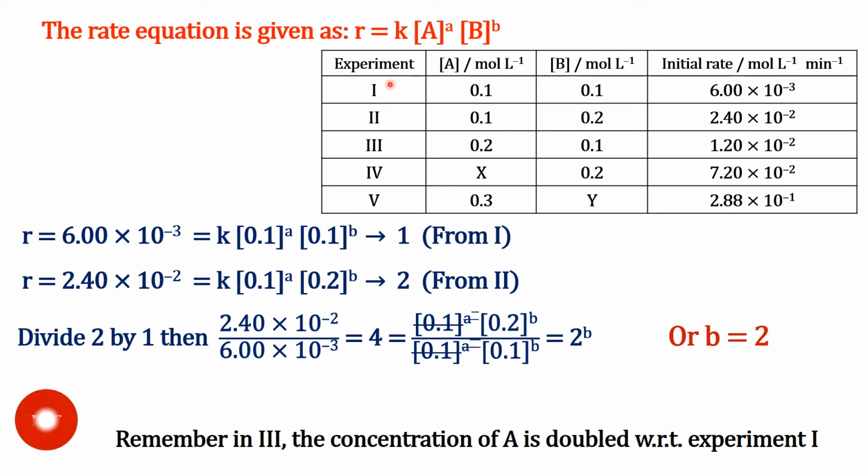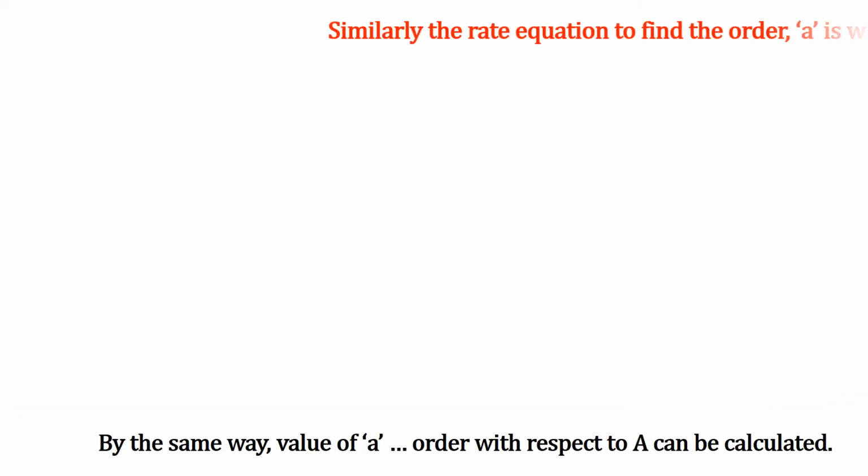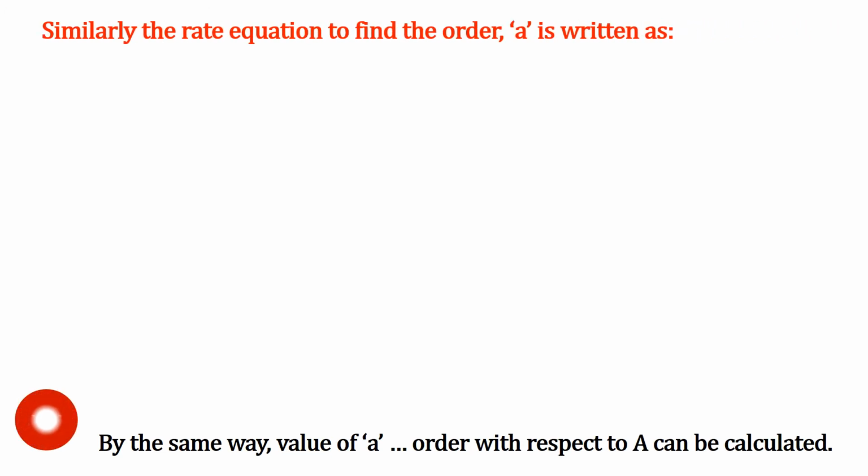When comparing experiments 1 and 3, the concentration of A is doubled in experiment 3. In the same way, the value of a, that is, the order with respect to the reactant A, can be calculated.